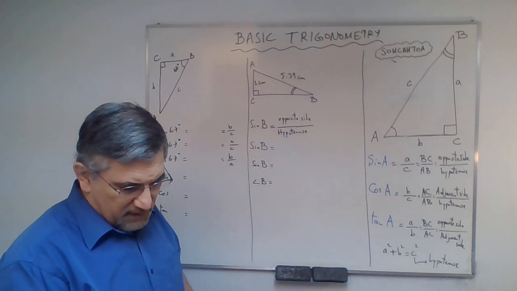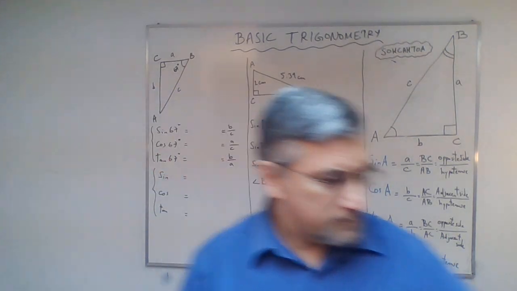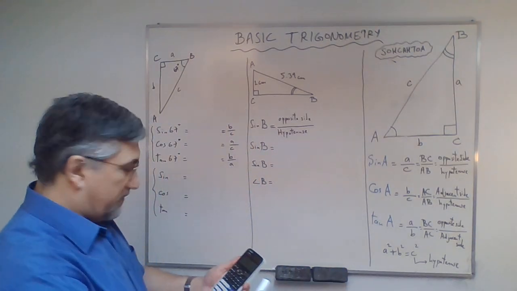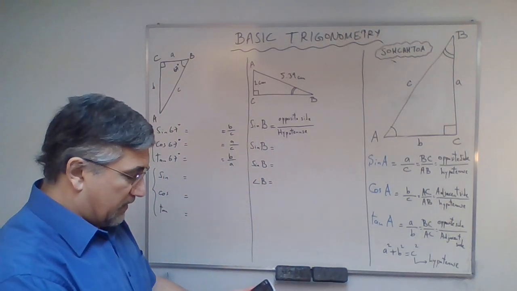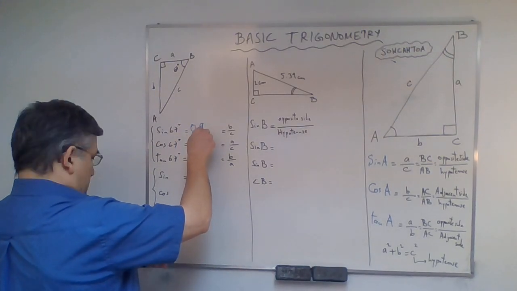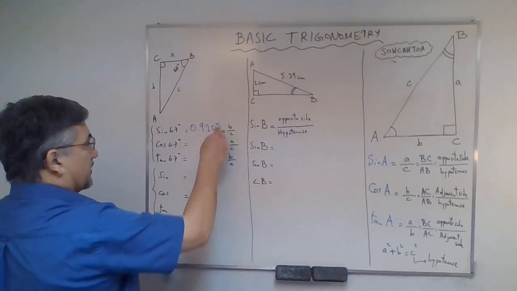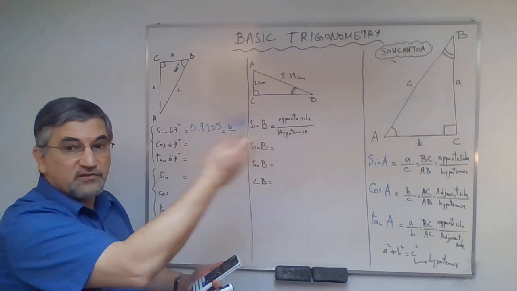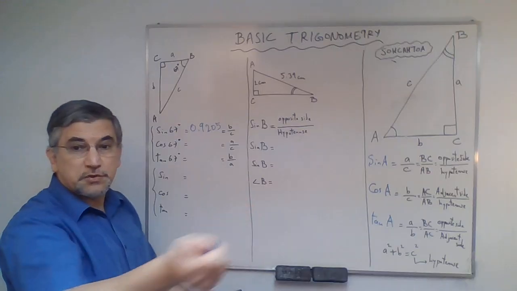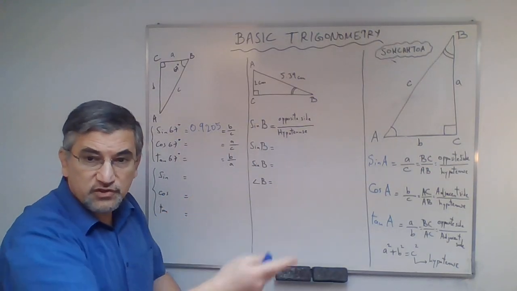So sine of 67 degrees, if you use a calculator, I have a calculator here, and when I punch in the button, I get this answer: 0.920 and then 5. And you can write like 10 digits after the decimal point, because I hope you're getting this answer on the screen of your calculator as I speak, but you don't need to write all those digits.